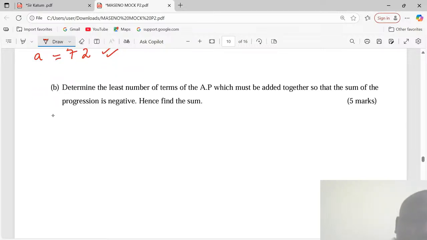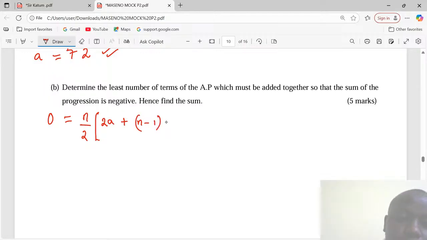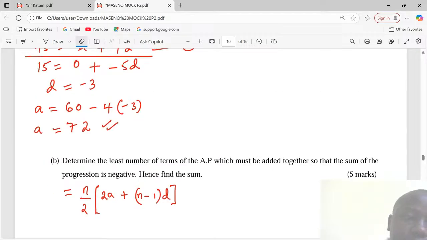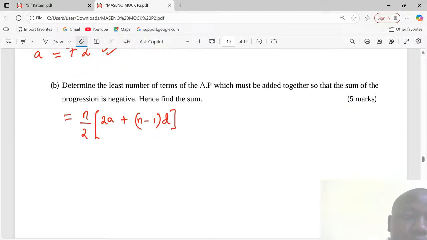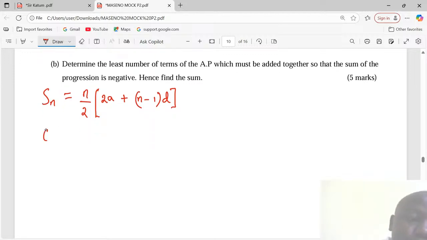So we need a sum of 0. The sum is usually given by n over 2 times (2a plus (n minus 1) multiplied by d). I am supposed to put it as a formula first, then proceed to the substitution. So the sum of a given number of terms is given this way, and we need the sum to be 0.